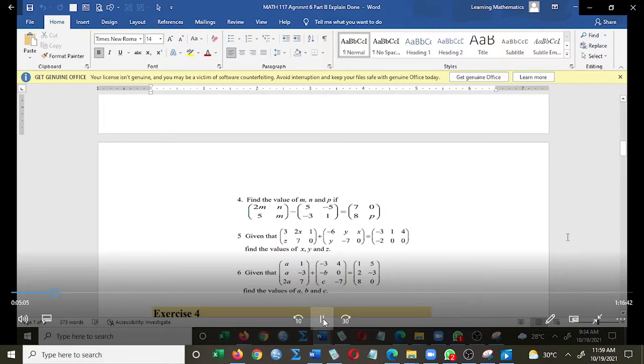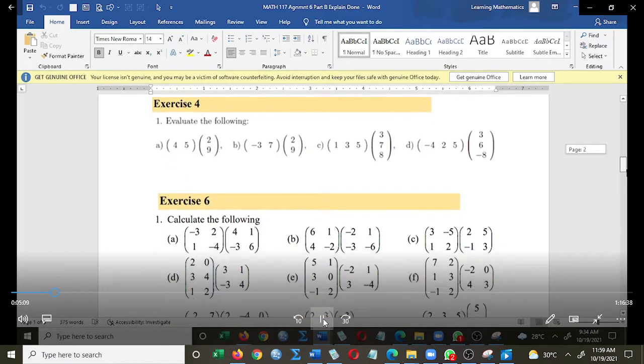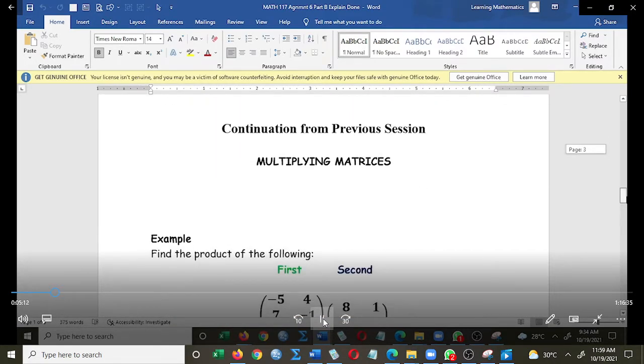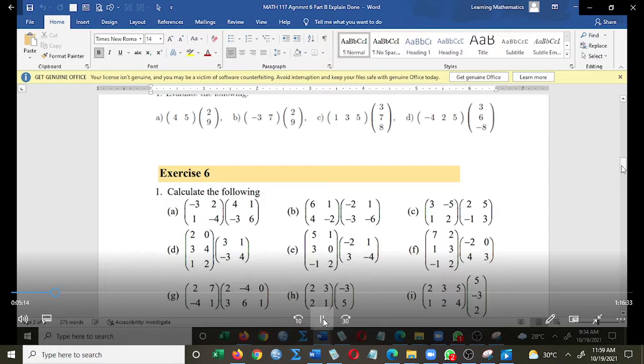I'm just looking for an example there, but this now is a continuation of multiplication of matrices.